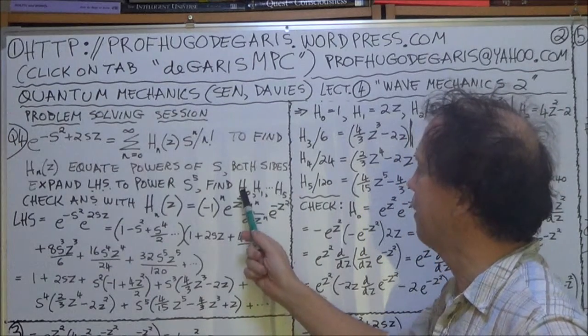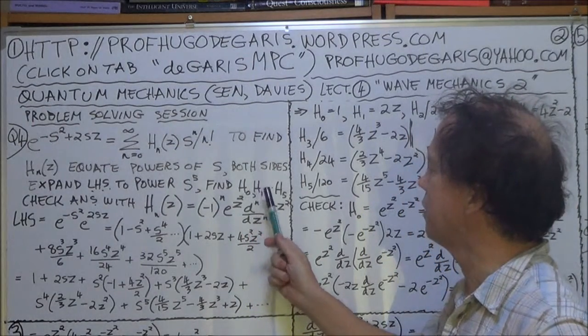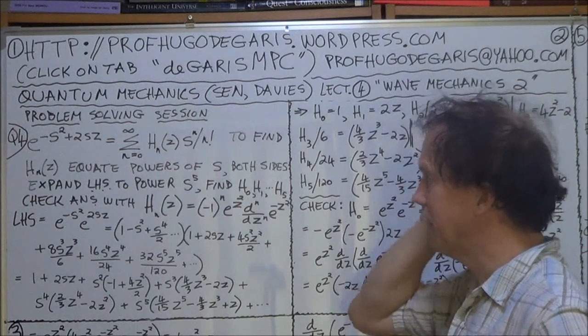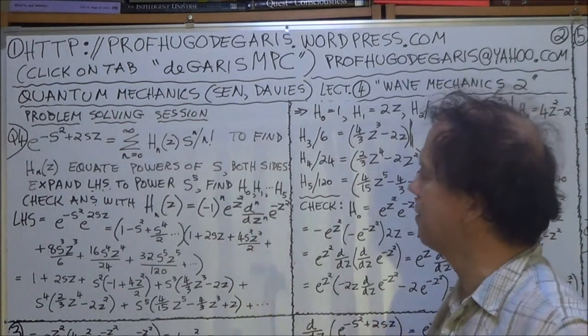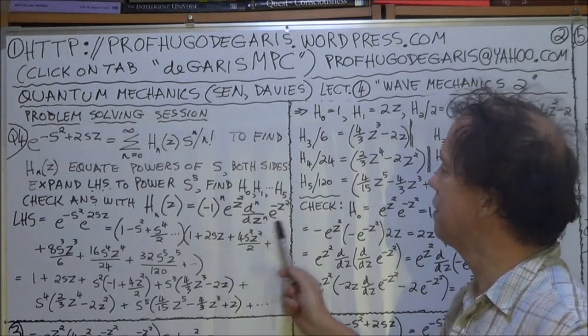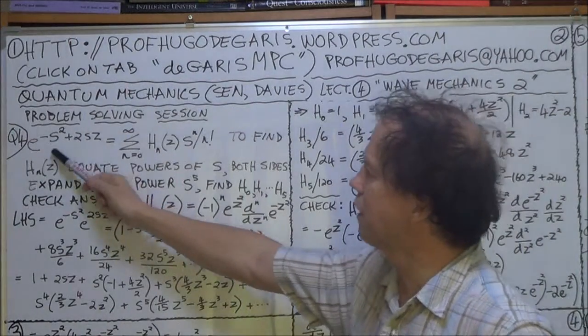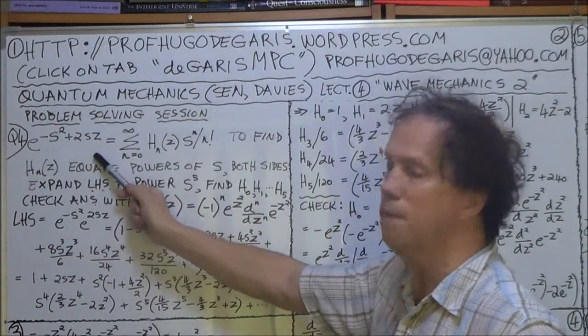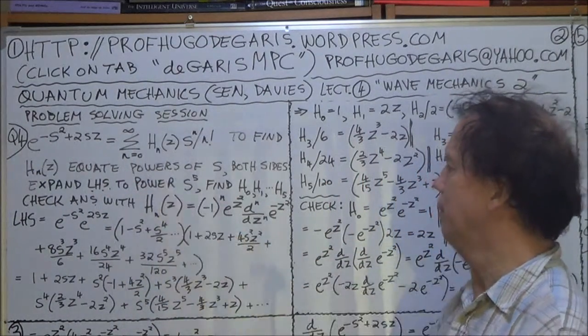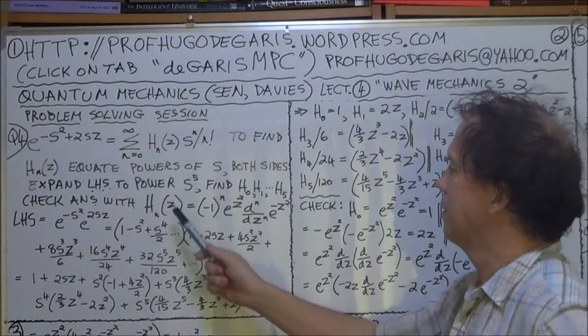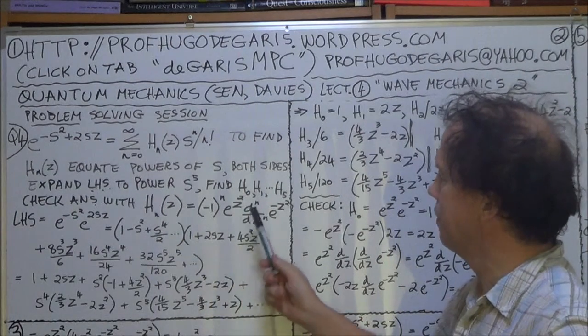So find h0, h1, up to h5. Now it's a 2-part question, because once you've found these, you're then asked to check using a different formula. This is a generating function, because it generates the terms that you're looking for. And here's an alternative way, using differentials.